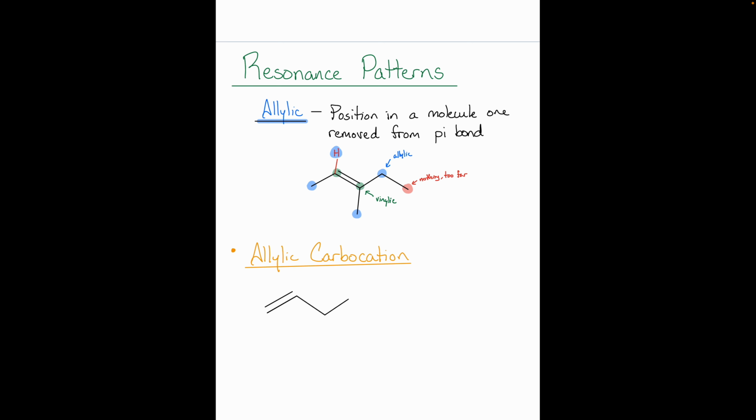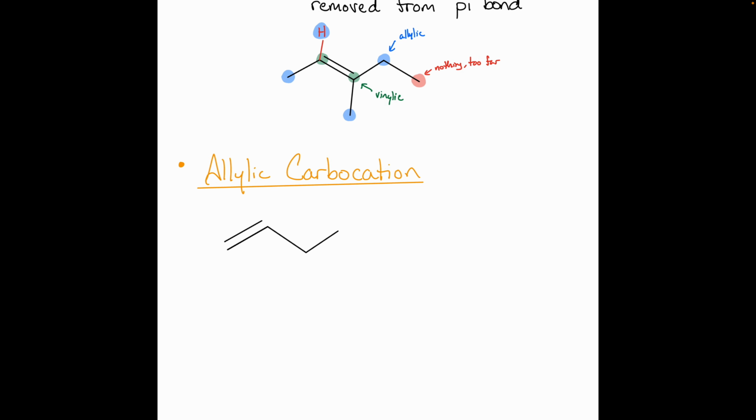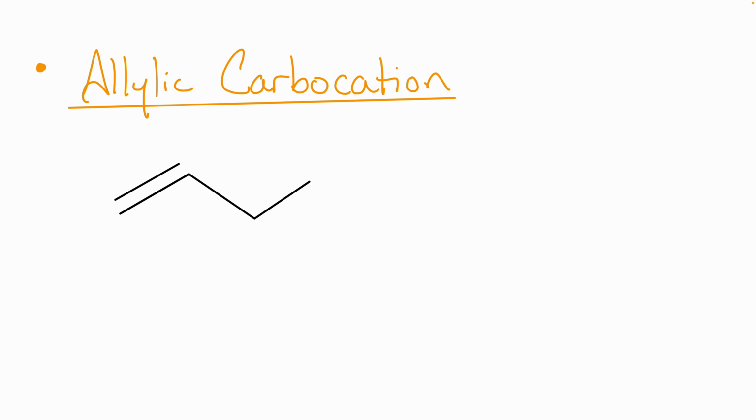And if I'm going to do the allylic position, let's call these A, B, C, and D. Where's that carbocation going to go if it's in the allylic position? C, right? Not about that double bond, but one removed. So in this case, right here.